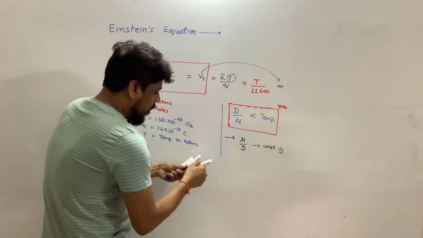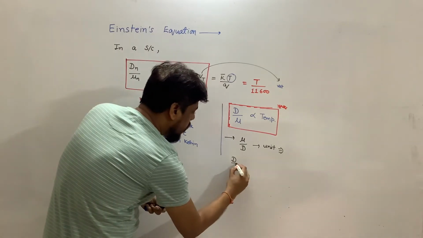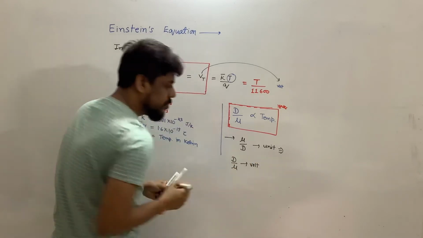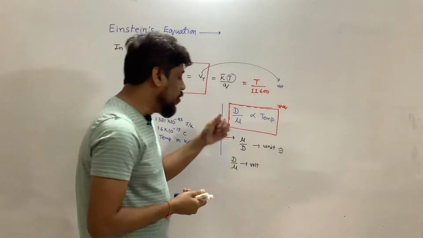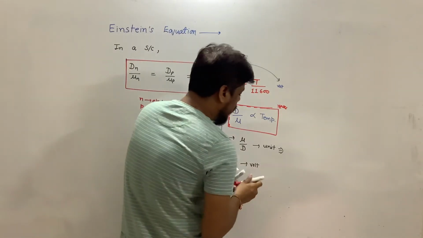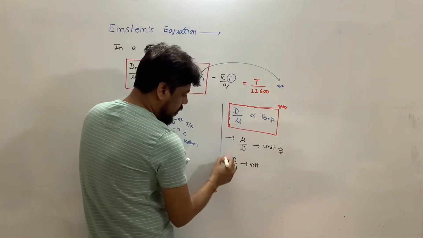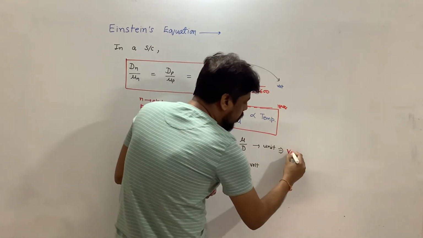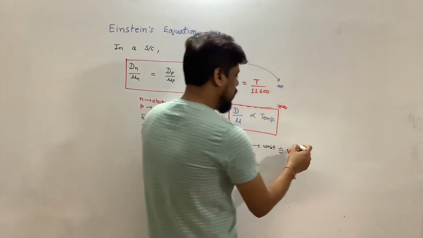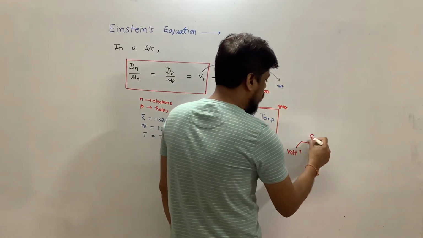So D by mu unit is volt, right? So the unit of mobility divided by diffusion constant is volt inverse.